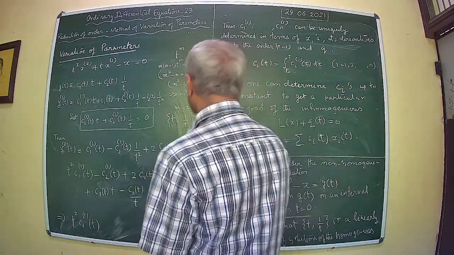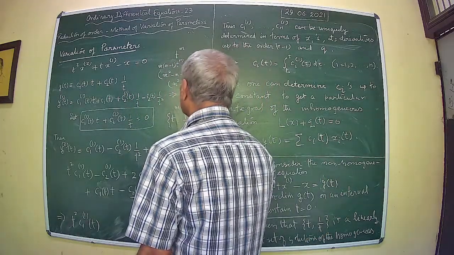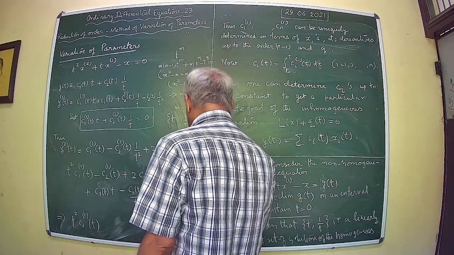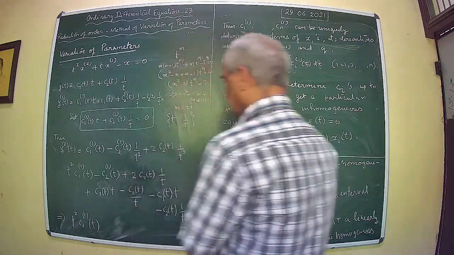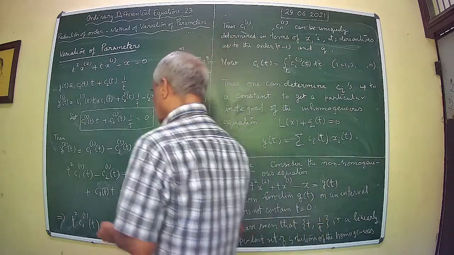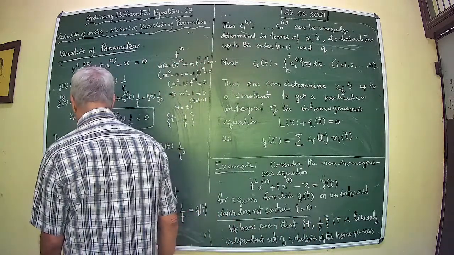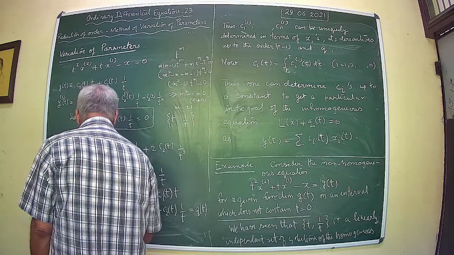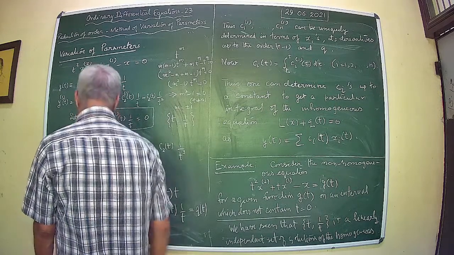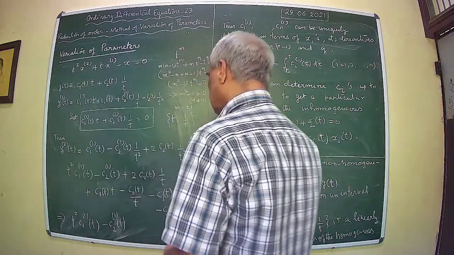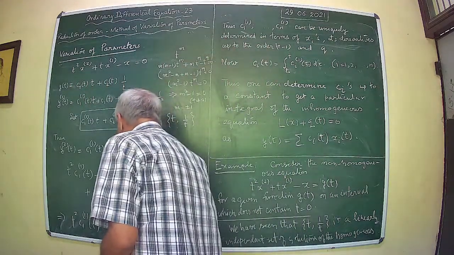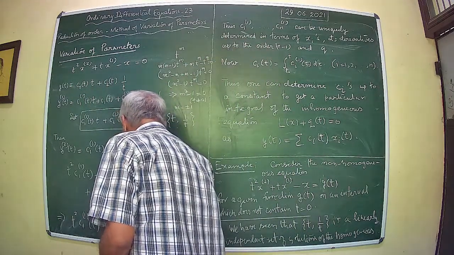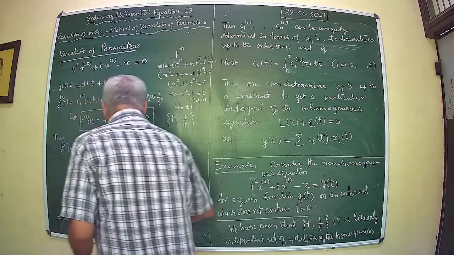What is the equation? q of t. So this is the second equation.